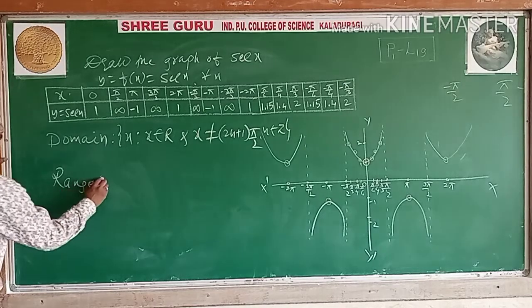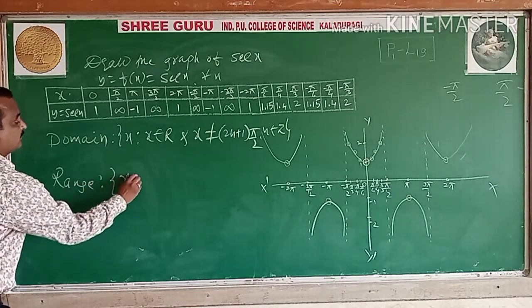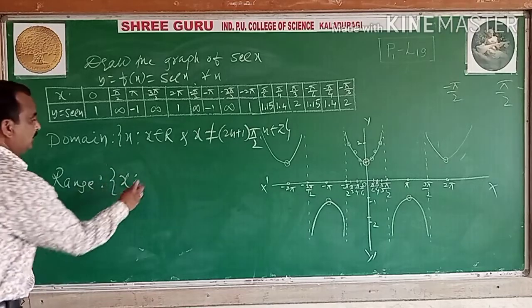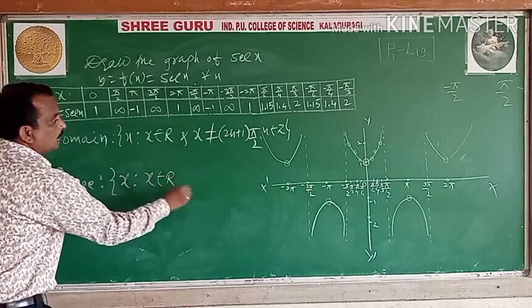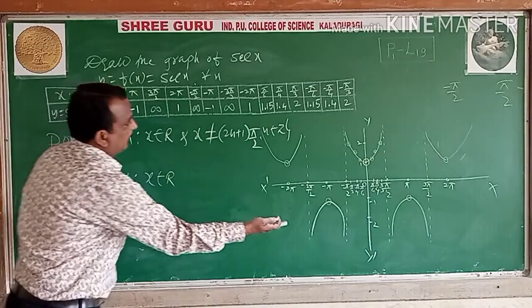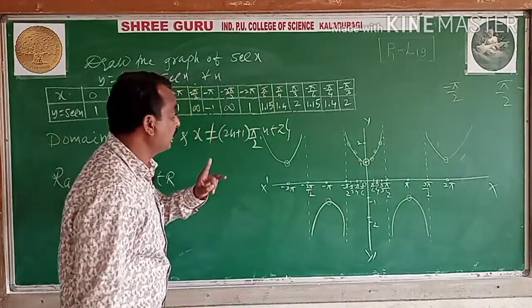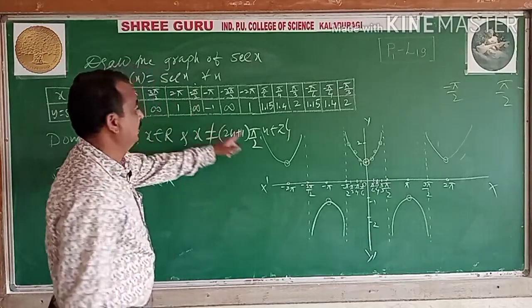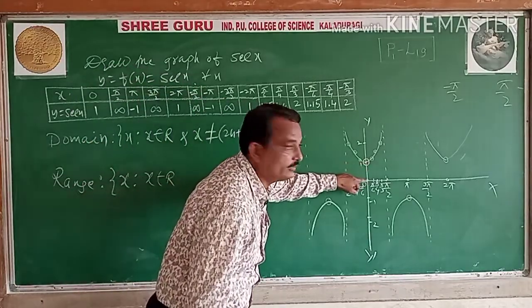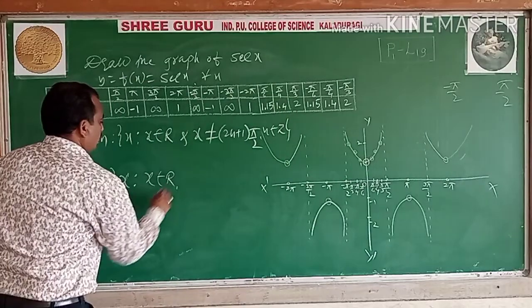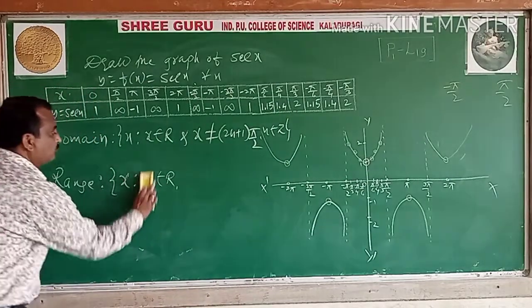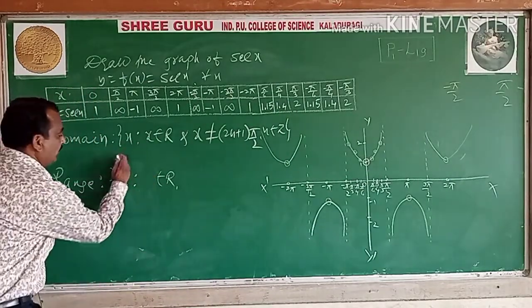And the range is the set of y such that y belongs to the real numbers. Here also, as in tan x, you have taken the real numbers, but there is a condition: not values less than 1. Sorry, this is x and this is y here.